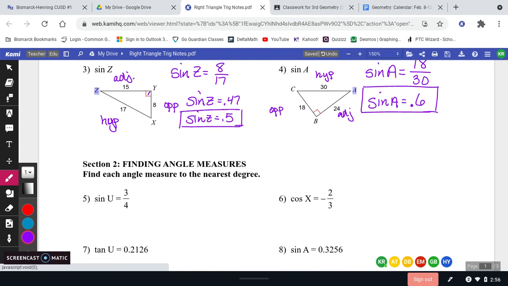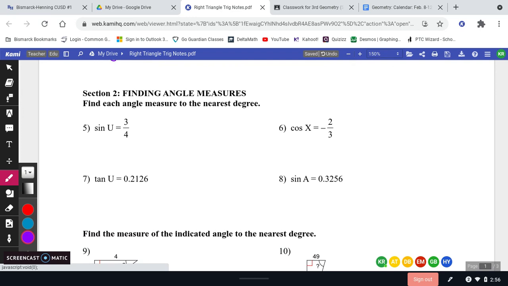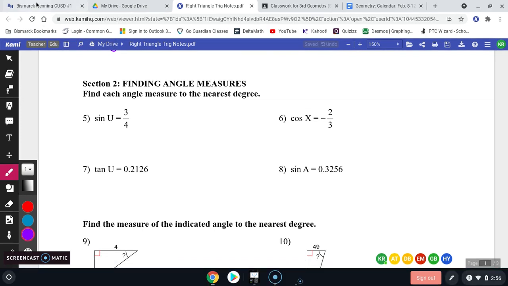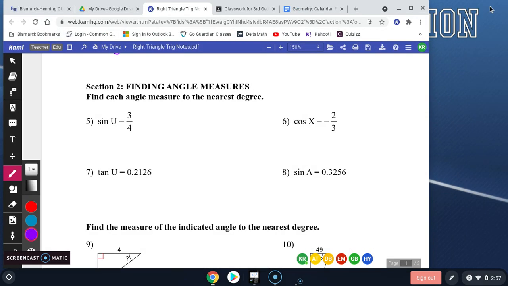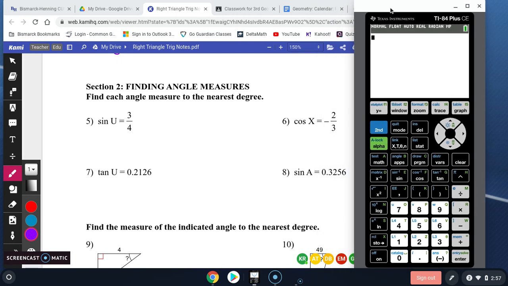So what do those things tell us? Well, we can find the angle measure. You're going to do this on your calculator. Now, I have a graphing calculator app on my Chromebook, and you don't, but it'll be similar on your scientific calculator.